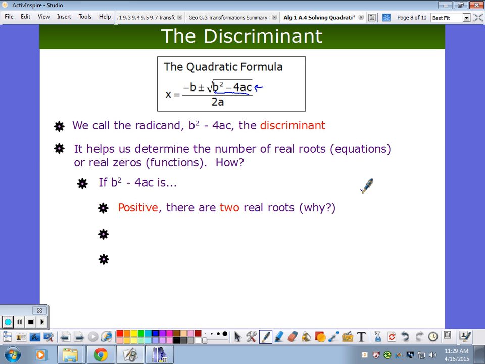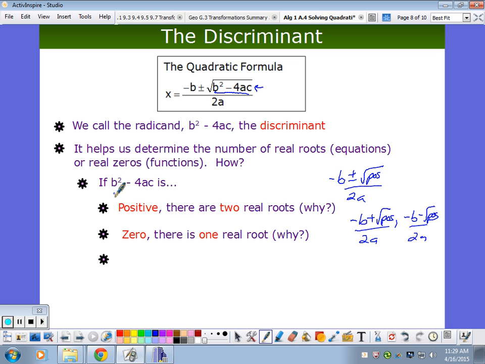Now let's see why. Because if you're filling in negative b plus or minus a positive number over 2a, given these are all good numbers here, you're adding things. So you've got negative b plus the positive number over 2a, and you've got negative b minus the positive number over 2a. So there will be 2 solutions. See them? 2 real solutions.